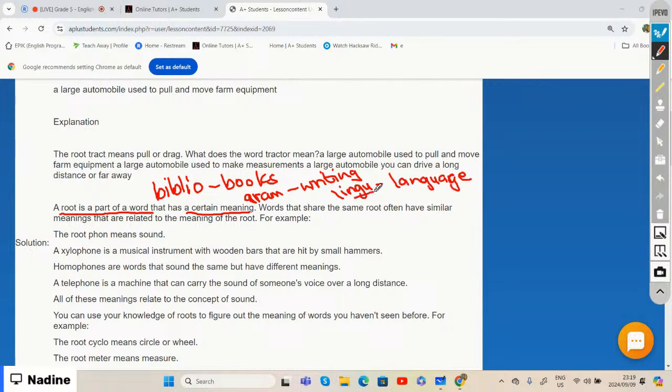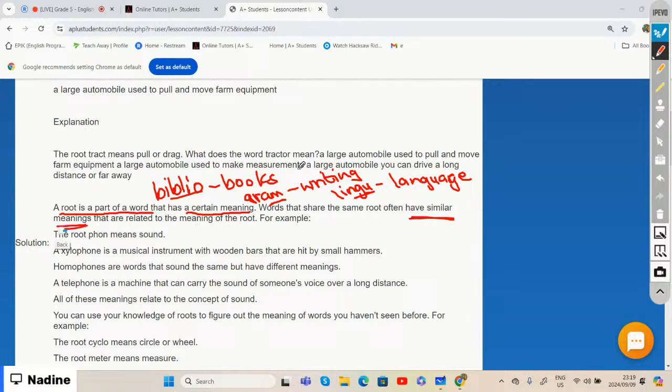And if we look at these three, they are roots. And they say a root is a part of a word and it has a certain meaning. Words that share the same roots often have similar meanings.